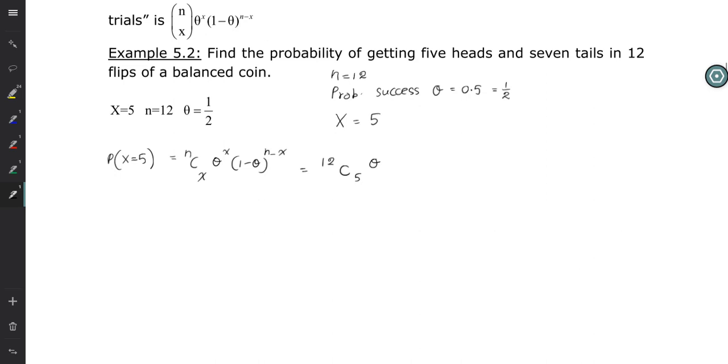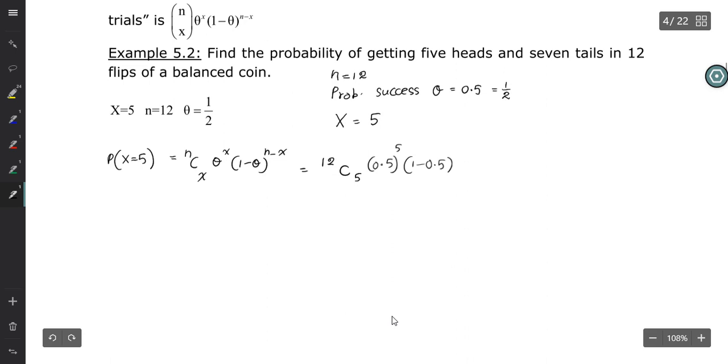Our theta is 0.5, so let's use it here: 0.5 to the power 5, 1 minus 0.5 to the power 12 minus 5. So what is 12 choose 5? 12 factorial over 5 factorial times 7 factorial, 0.5 to the power 5, 1 minus 0.5 is again 0.5 to the power 7.